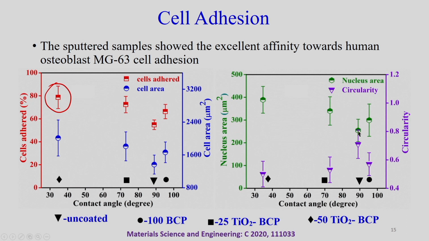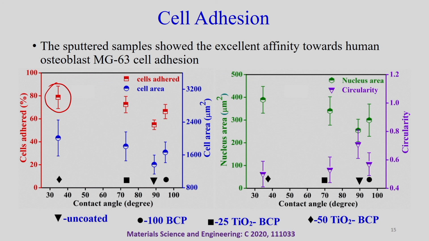The nucleus area is again increasing with coating 100% BCP, then 25% TiO2, 75% BCP and 50% TiO2, 50% BCP. And as expected the cell circularity should decrease; cell circularity is decreased on the coated surfaces. In this way, we can improve the biocompatibility or the bioactivity of the titania based implant material by simply coating the calcium phosphate.